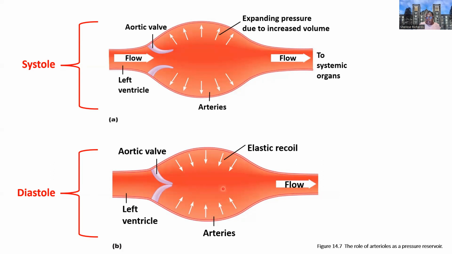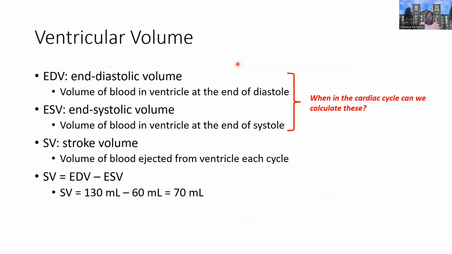So the take-home message here is that even though the valve is closed, we still maintain adequate flow in both scenarios because of the elasticity of the aorta. Okay, so these can act as pressure reservoirs.